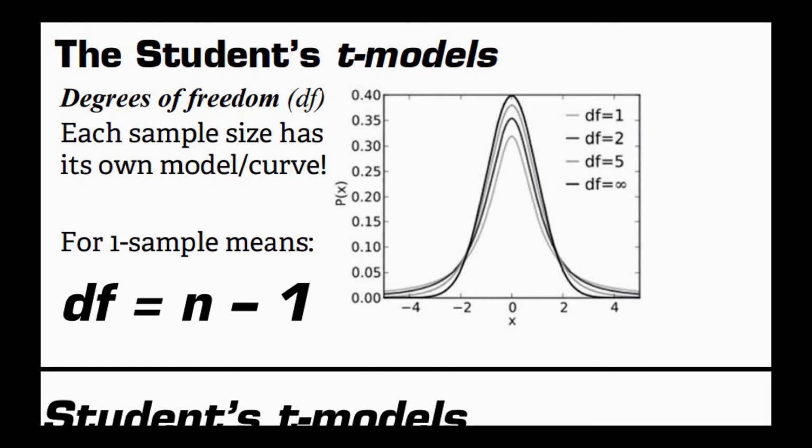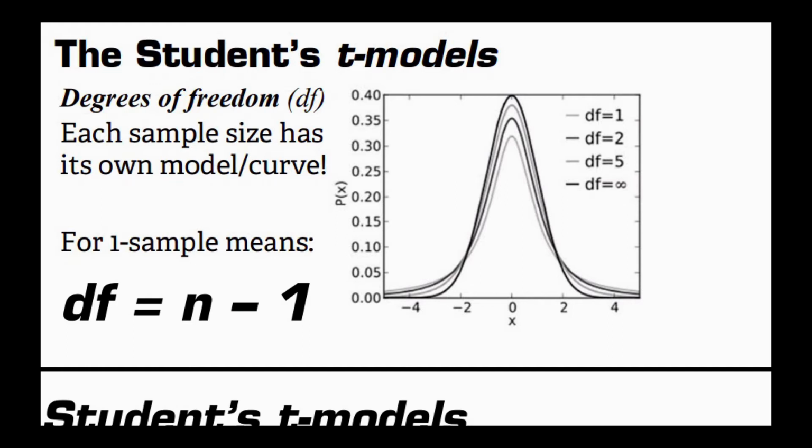As degrees of freedom goes up, variability goes down. Something with a small number for degrees of freedom has huge variability. But as degrees of freedom gets closer and closer to infinity, we minimize variability. That's the main thing.